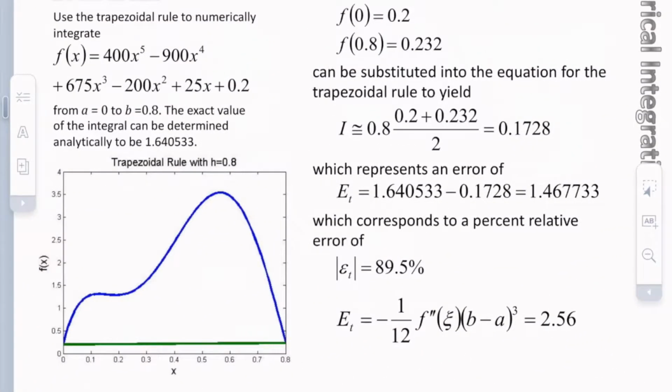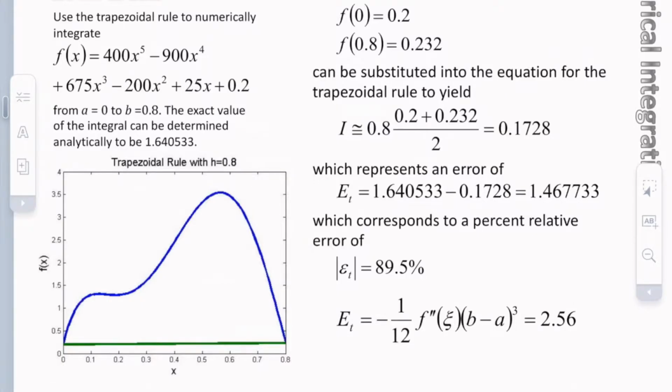Let's consider this example. Use the trapezoidal rule to numerically integrate f of x equals 400x to the fifth minus 900x to the fourth plus 675x cubed minus 200x squared plus 25x plus 0.2 from a equals 0 to b equals 0.8.